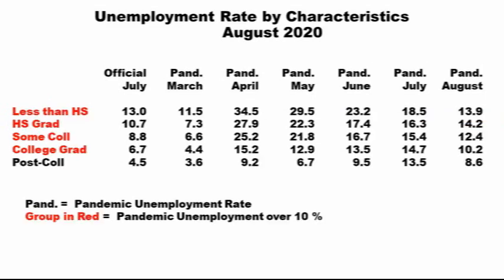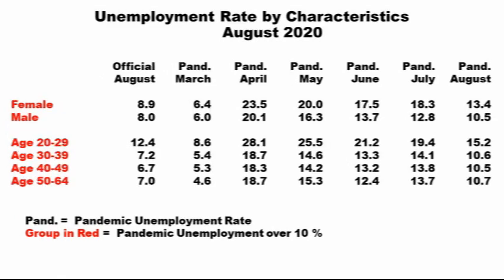By education level, less educated workers have higher pandemic unemployment rates. The pandemic rate for those with less than high school and high school is around 14%. For those with more than a college degree, the pandemic unemployment rate fell to 8.6% in August. Females have higher pandemic unemployment rates than males, and the difference is greater than in the official unemployment rate.